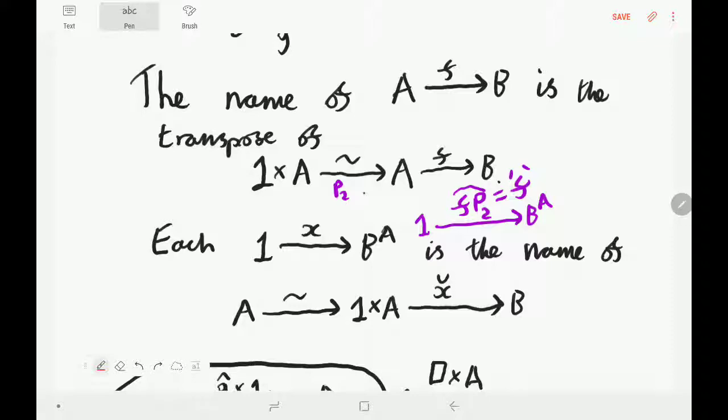Now conversely, what we can do is go from, let's say we just have a point of our exponential object. What we can do then is form this arrow here. So here, this is the other isomorphism between a and 1 times a.